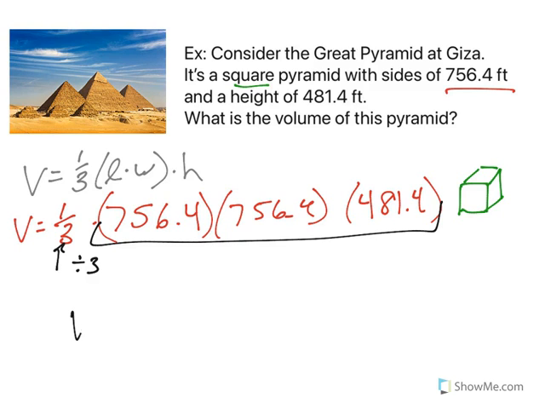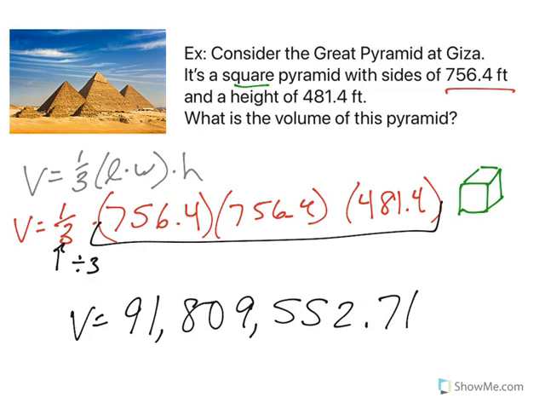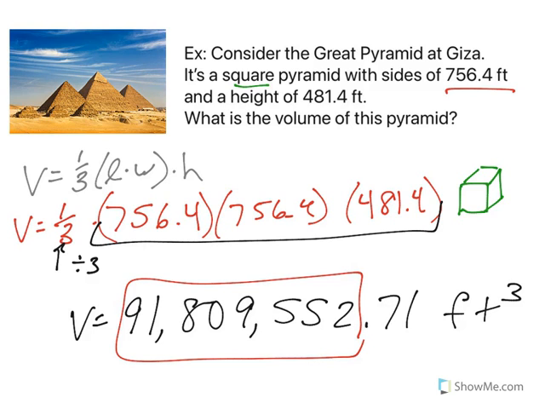When I do that, my volume is 91,809,552.71 cubic feet. So if you would take one of those cubes, that's a foot on each side, you need almost 92 million of them to fill up the Great Pyramid at Giza. That's how big this thing is. That's huge. And that's volume of rectangular pyramids.